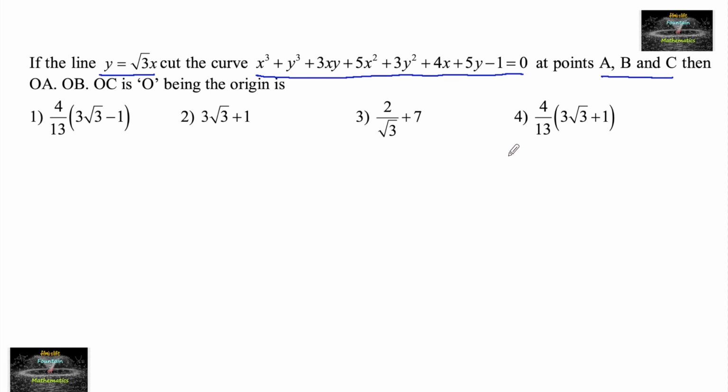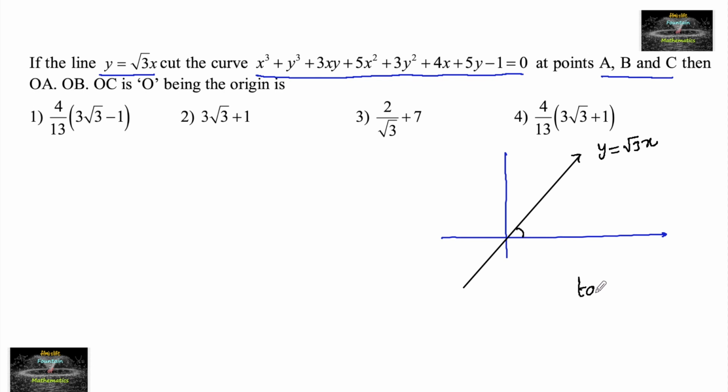So we know that y is equal to root 3x is the line passing through origin. So this is the line y is equal to root 3x and whose slope is root 3, that is tan theta is equal to root 3, which implies theta is equal to 60 degrees, and the line cuts the curve at 3 points.